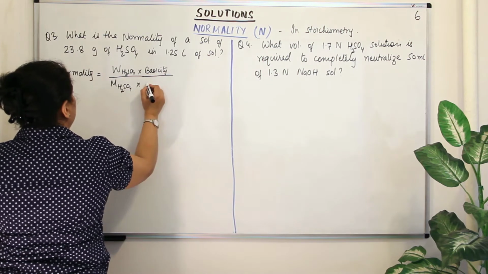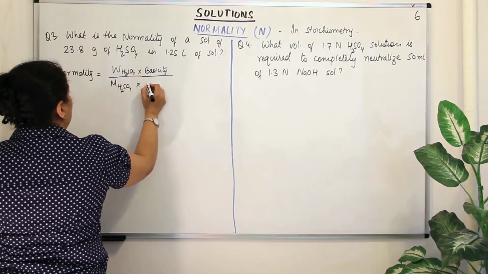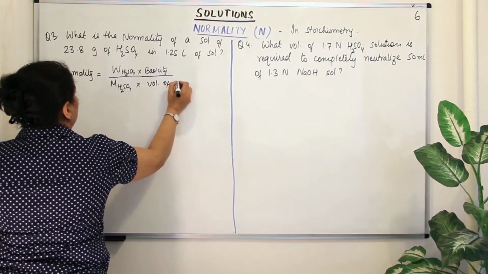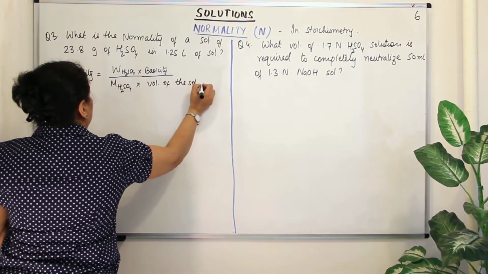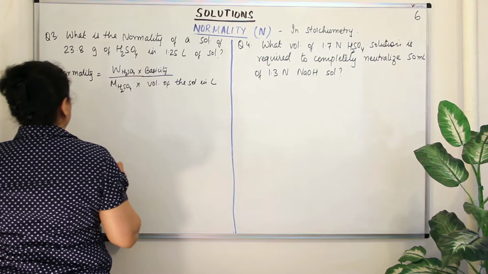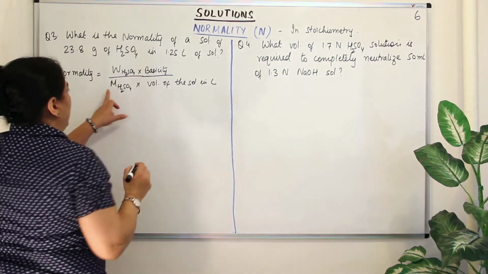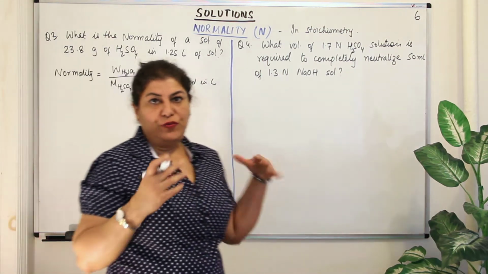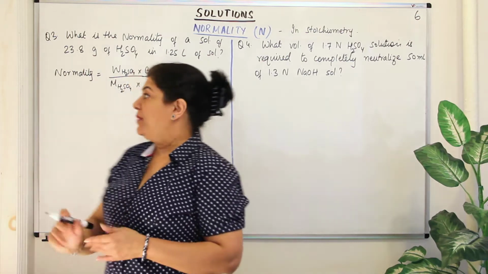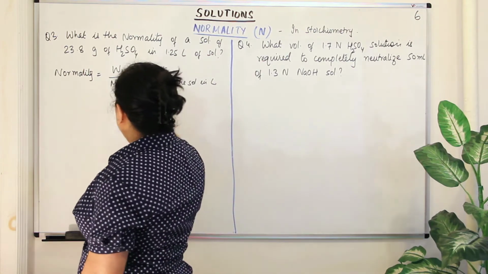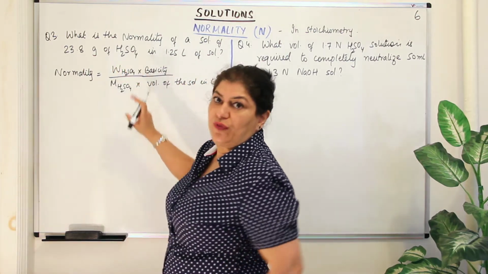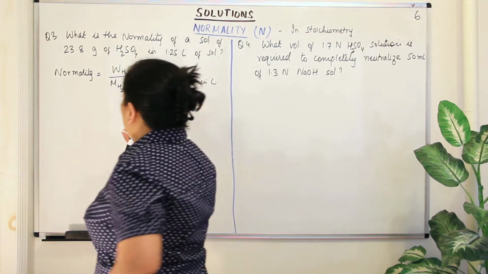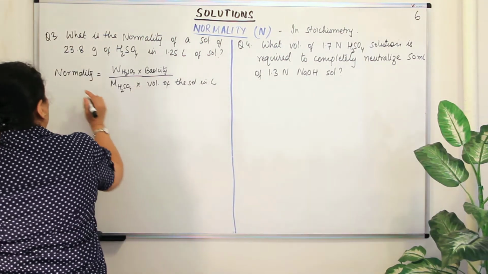Since it's given in liters, we do not have to put the 1000. Volume of the solution in liters, right? So we need to calculate the molar mass of H2SO4, which we calculated in the previous problem. It is 98. And the basicity of H2SO4 is 2, we just did it in question 2. So let us substitute the values and find it out.